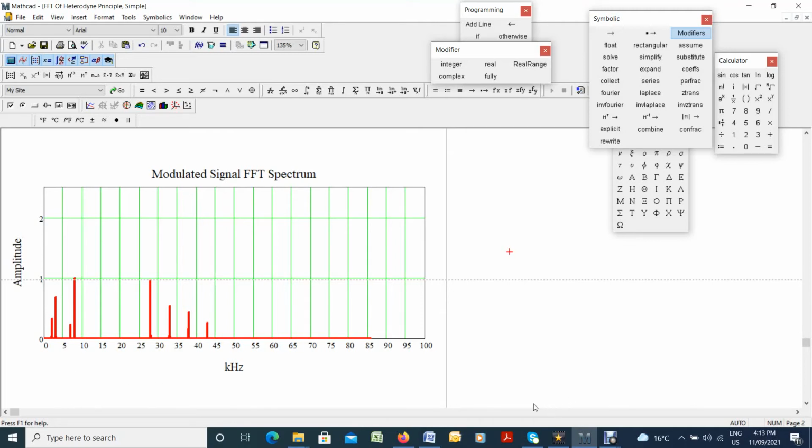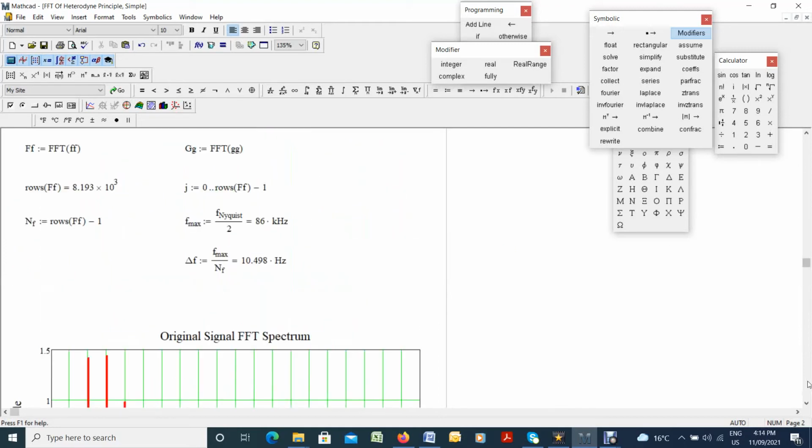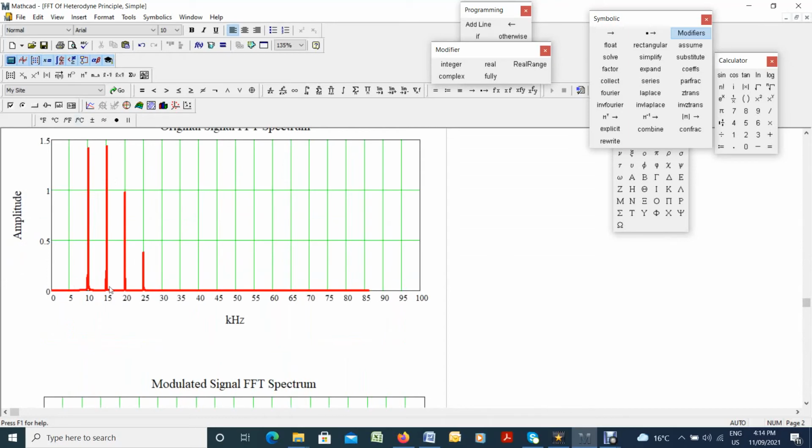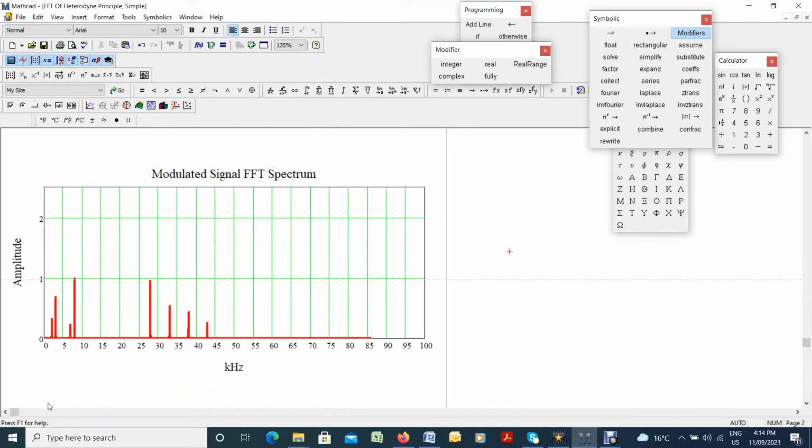So it's probably in our interest to actually filter out these frequencies that are lower than the local oscillator frequency, because we don't want them flipping over and becoming a spectral inverted mirror image of the sound.